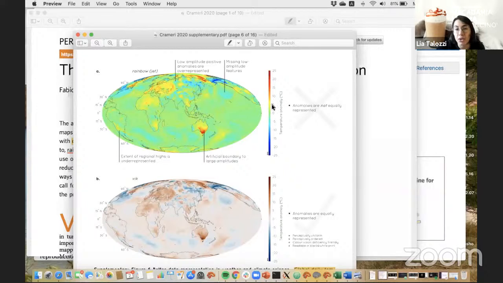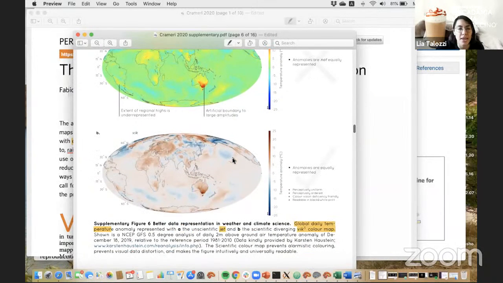They say that the yellow in this scale is the brightest color. And this is confusing because there is no uniformity in the gradient of these color maps. Instead, if you use another color map, like this one, the Vik color map, you have the color starting from the blue to the red, and there is a uniform gradient.